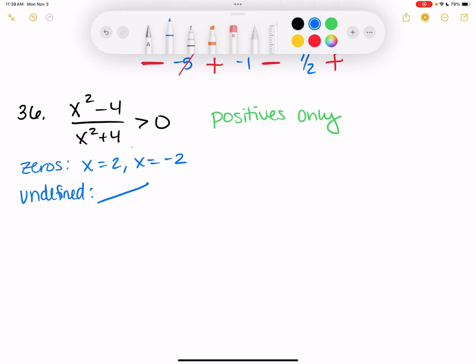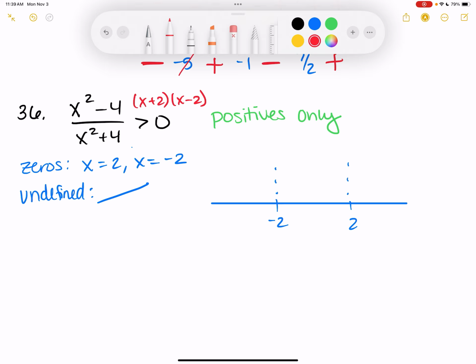We will get to one in a little bit with undefined so that we can see what that looks like. Anyways, I've got -2 and +2 on here.